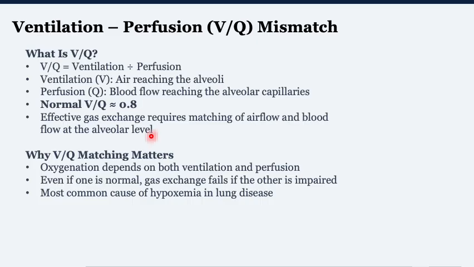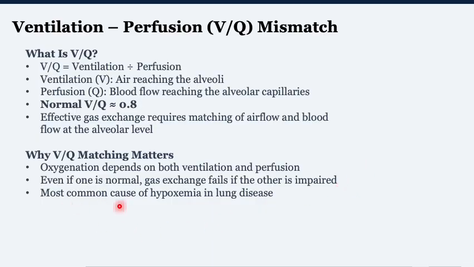Effective gas exchange requires matching the airflow and blood flow at the alveolar level. So why does VQ matching really matter? Again, oxygenation depends on both ventilation and perfusion. Even if one is normal, gas exchange will fail if the other one is impaired.